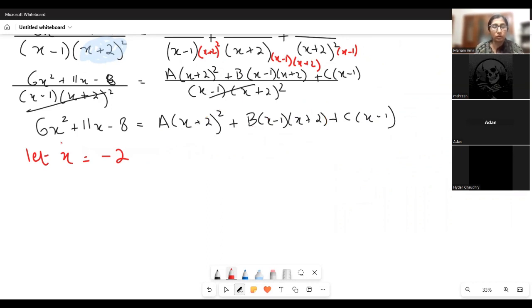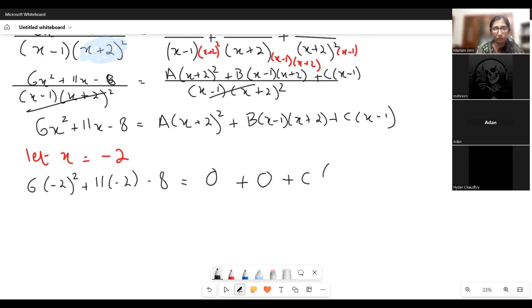Okay. So we get 6 times minus 2 whole square plus 11 times minus 2 minus 8 equals a times minus 2 plus, in fact, let's just write 0 there. So we have 0 plus another 0 plus c times minus 2 minus 1.